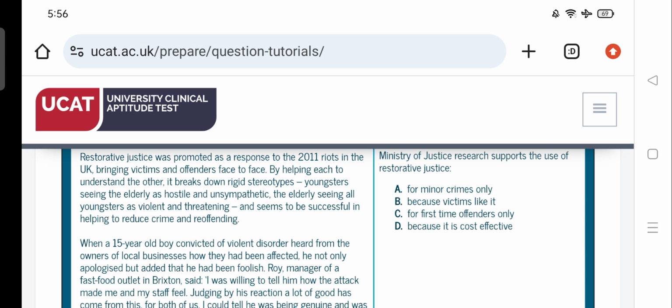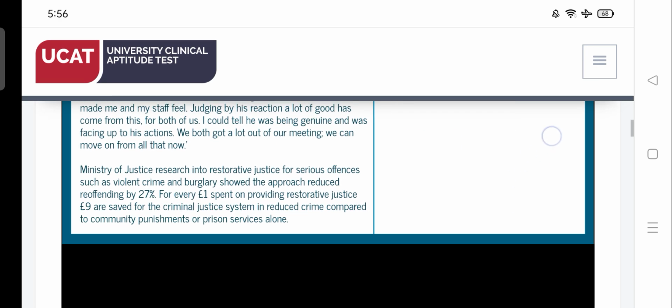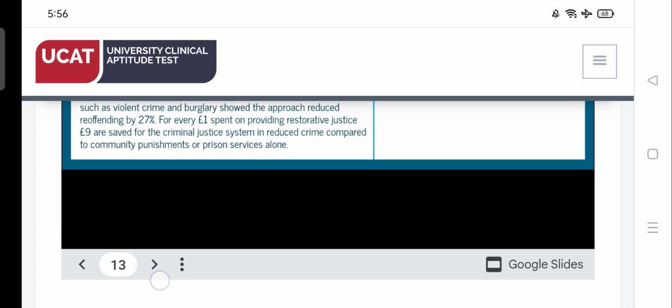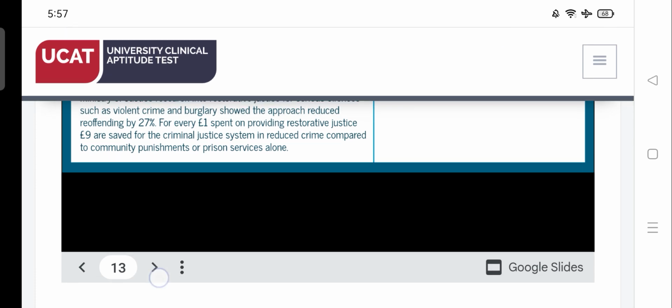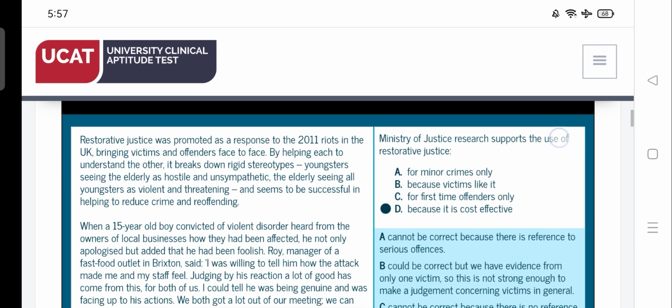So this is the incomplete statement, and four options are given, and any one of the options could be correct to complete this statement. So you can use restorative justice or Ministry of Justice research as a keyword to choose your right option from the paragraph. So let's see which one is the correct option.